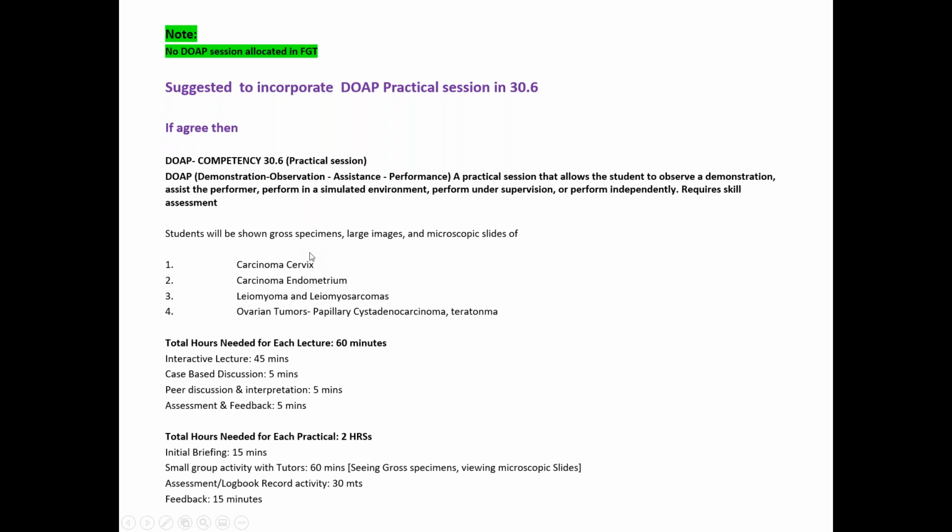These are the lesions we have been showing students all these years, whether the MCI feels it is not necessary now to show all this, that's why they're not included in DOAP, or whether they have just missed it, I don't know. So if you agree, we can do this by incorporating the DOAP session in 30.6 on cervicitis lesion, which is towards the end of the competencies.